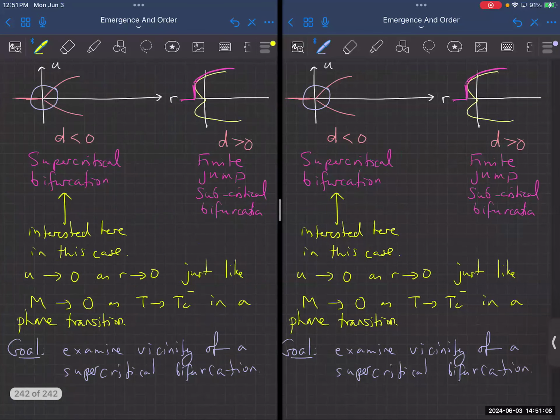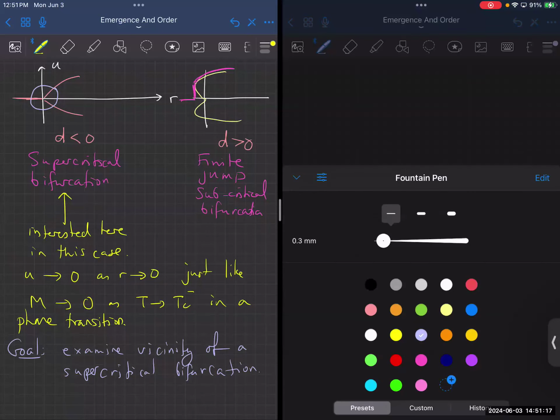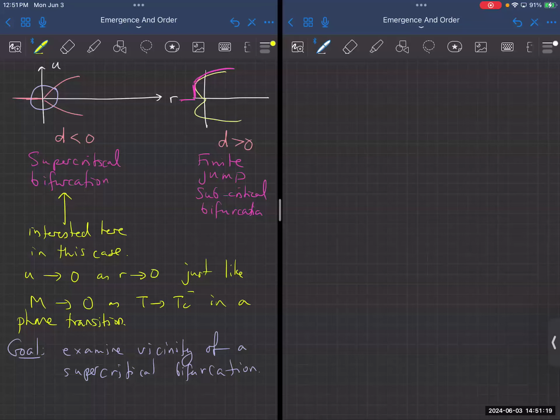So let's see how we go about doing that. What is our basic idea? Well, the next thing we're going to do is add space.